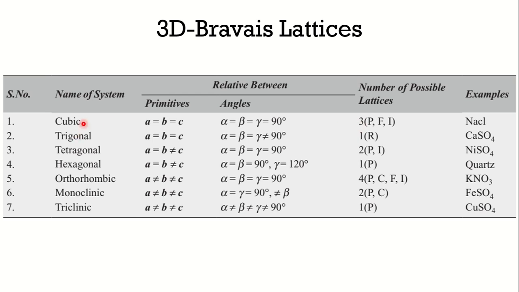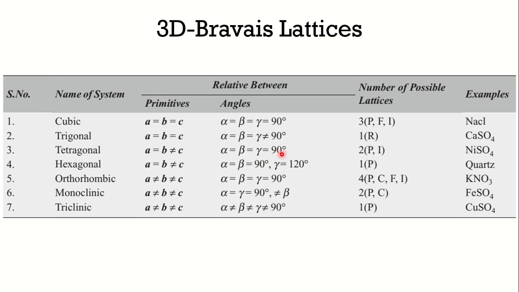For a simple cubic all the sides are equal and all the angles are 90 degrees. So this is the lattice parameter. For trigonal all the sides are equal and the angles are equal but not equal to 90 degrees. For tetragonal, a equal to b not equal to c, so one side is not equal, and so on.